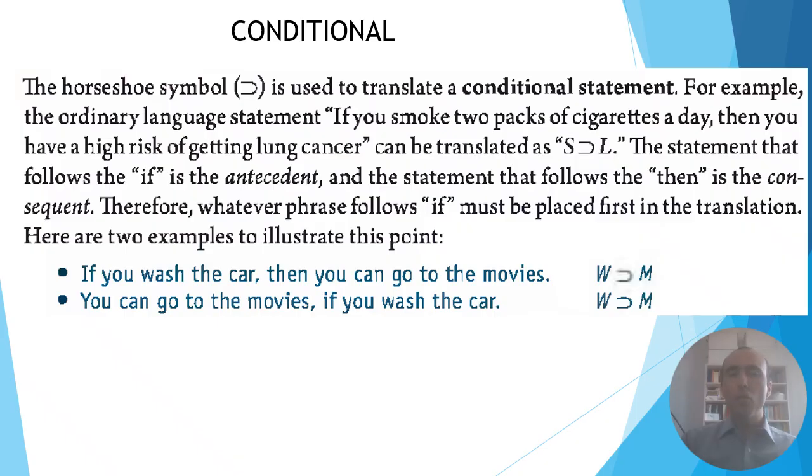W continues to be you wash the car, and in propositional logic we write it first, before the horseshoe. M continues to stand for you can go to the movies, and continues to be the consequent, despite the fact that in ordinary language we write it first. In propositional logic it is going to be after the horseshoe.